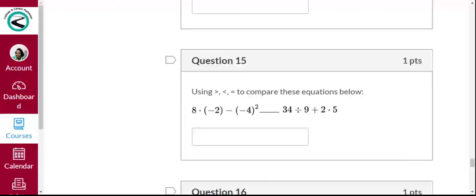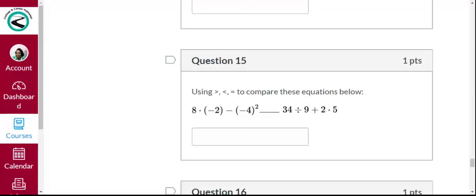And then on the other side of the equation that I'm going to compare it to, because I have to use either greater than, less than, or equal to, I have 34 divided by 9 plus 2 times 5.